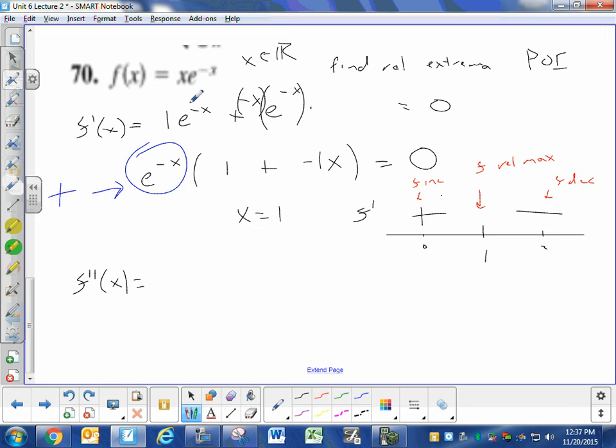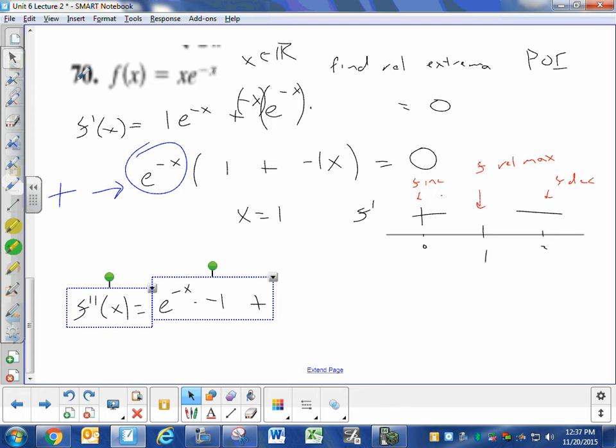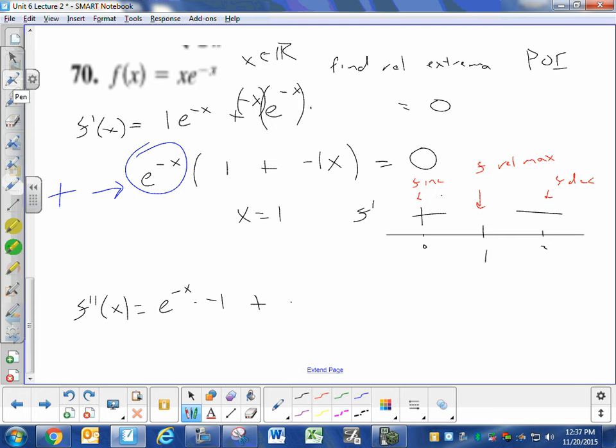The derivative of e to the negative x, again, is e to the negative x times negative 1, chain rule. Okay, the derivative of this, using the product rule, would be the derivative of negative x, which is negative 1, times e to the negative x, plus the derivative of e to the negative x, that'd be e to the negative x times negative 1, times the first guy, which is negative x.